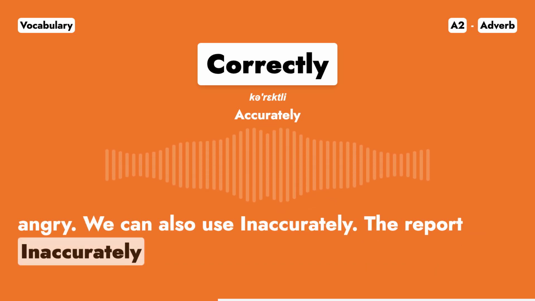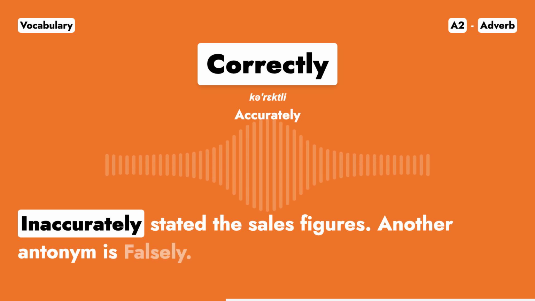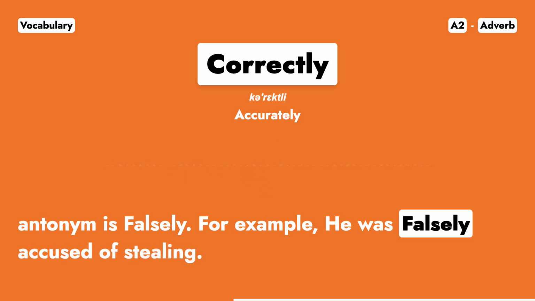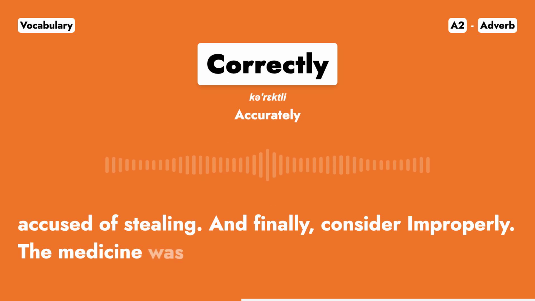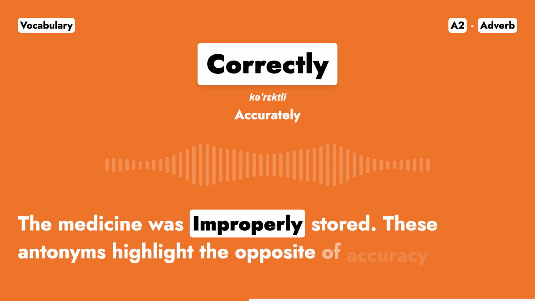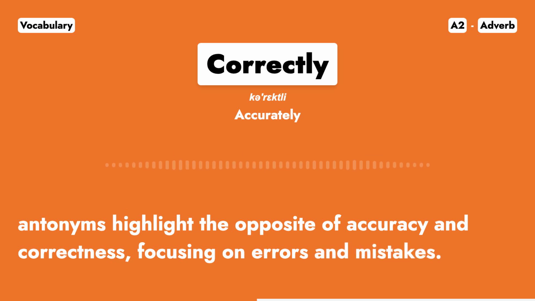The report inaccurately stated the sales figures. Another antonym is falsely. For example, he was falsely accused of stealing. And finally, consider improperly. The medicine was improperly stored. These antonyms highlight the opposite of accuracy and correctness, focusing on errors and mistakes.